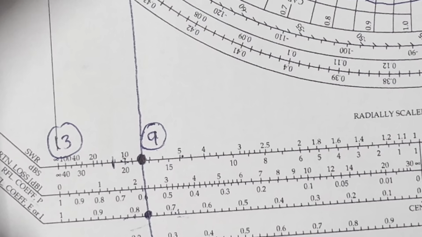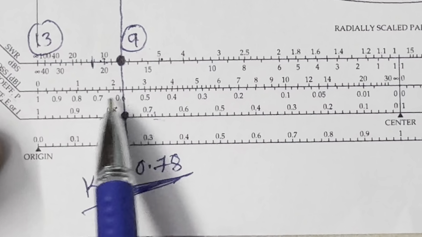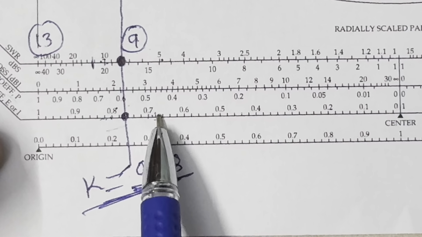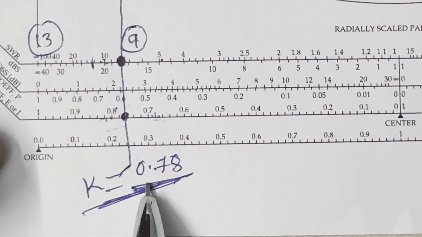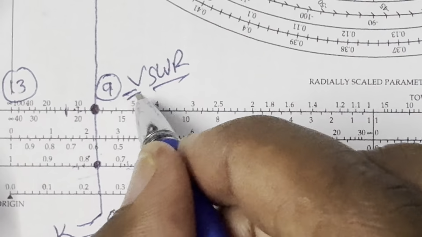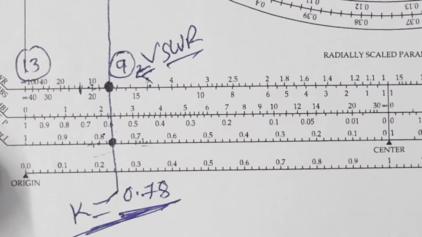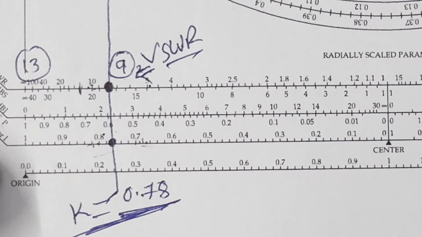K equal to 0.78, in between 0.7 to 0.8. So I am assuming K equal to 0.8 and VSWR equal to 9. We have already calculated two values.